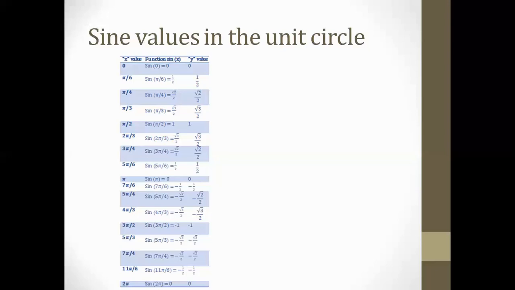You can try with any x value, and my point is that you will not get any value that's greater than 1 or less than negative 1. So keep in mind this important idea that sine of x is working between 1 and negative 1.